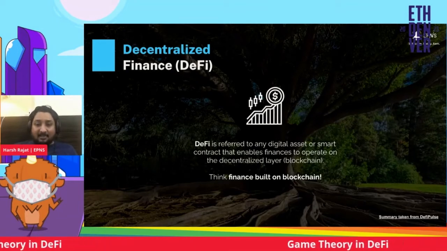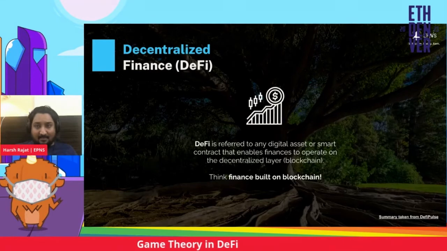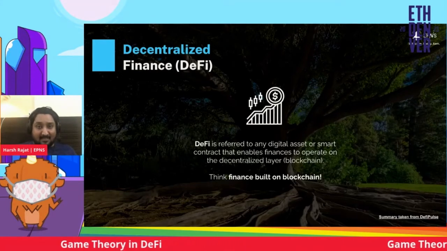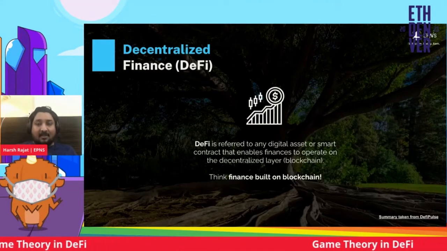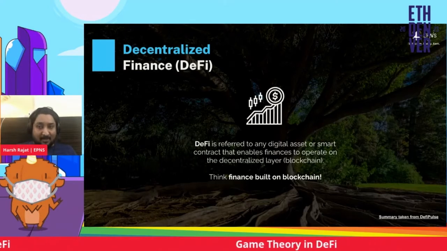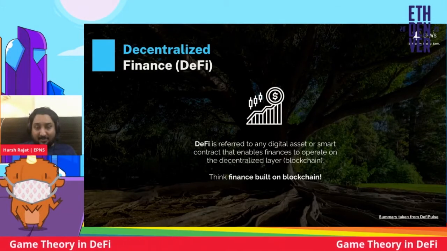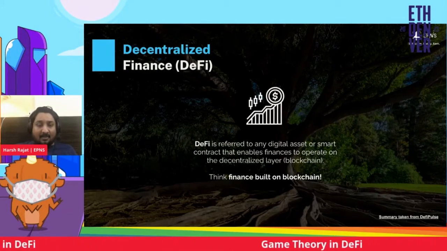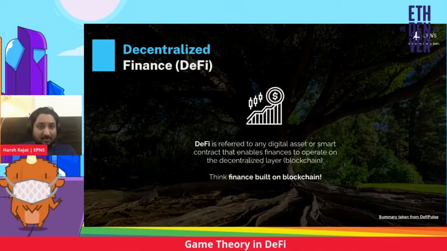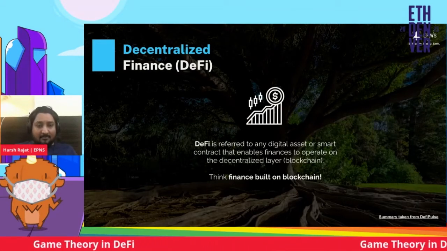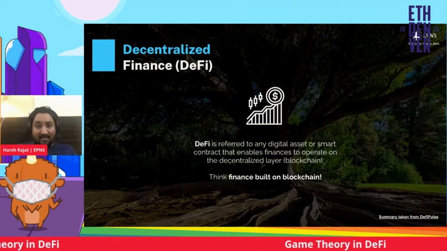So DeFi is essentially any finance instrument that's built on blockchain, whether that's a smart contract, digital assets, or any sort of function which you can do in the traditional finance sector. If you do it on blockchain, that's mostly DeFi. So loans, borrowing, lending, everything forms DeFi.